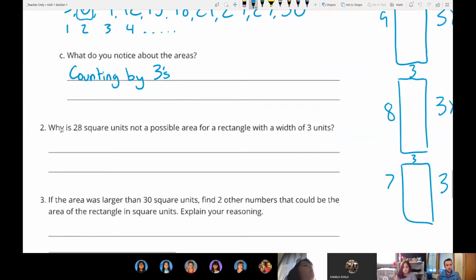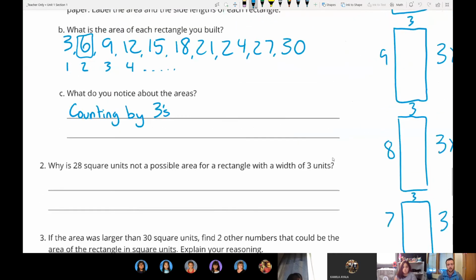Okay, so let's look at problem number 2. Why is 28 square units not a possible area for a rectangle with a width of 3 units? So can someone explain that?